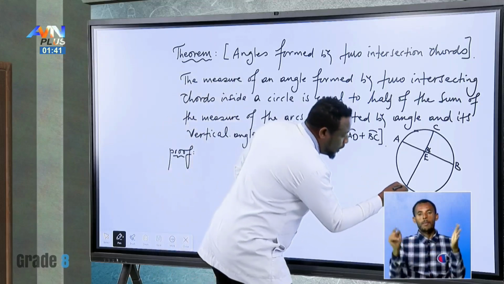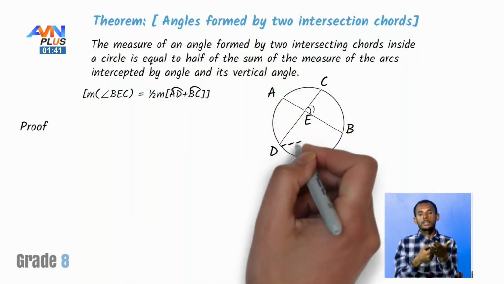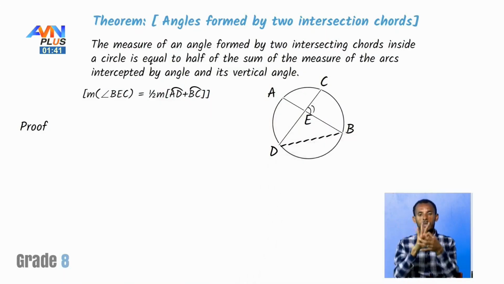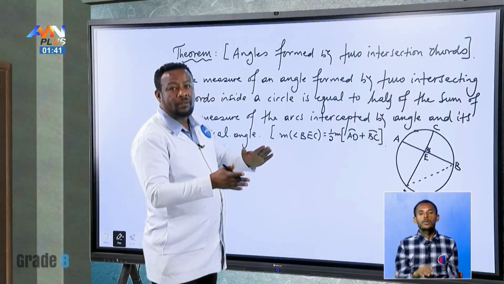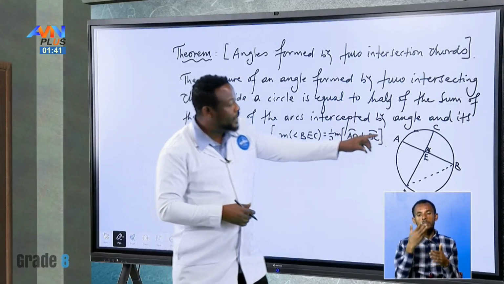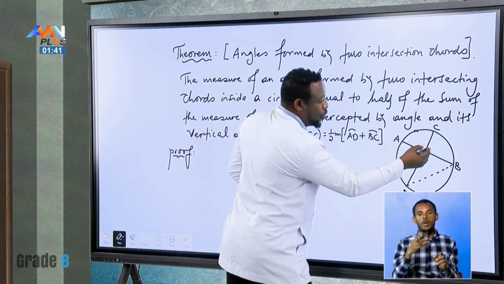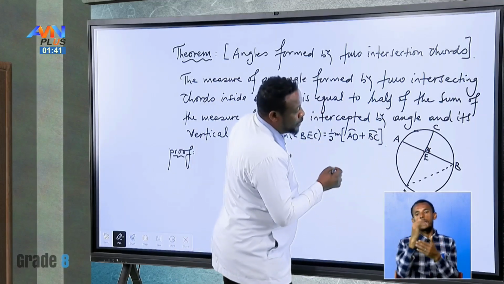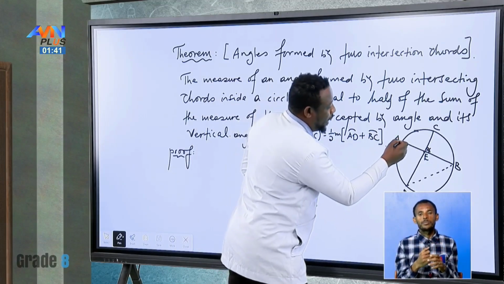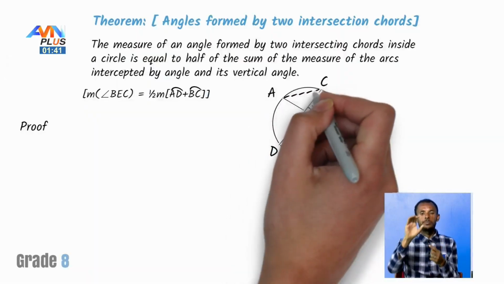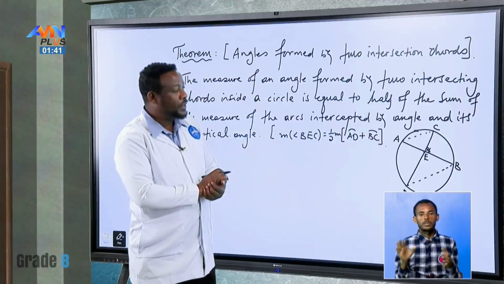If you join D and B, you will have another angle here, ABD, or you can also join A and C.